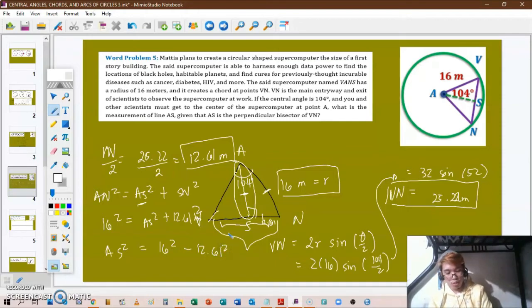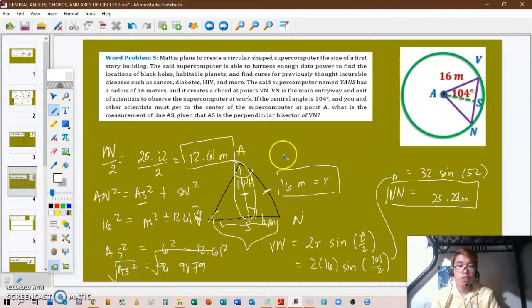And what's 16 squared minus 12.61 squared? That's going to give you 96.9879. If we find the square root of that value, wait a minute, this is AS. So AS is equal to the square root of 96.9879, and the square root of that is equal to 9.85.